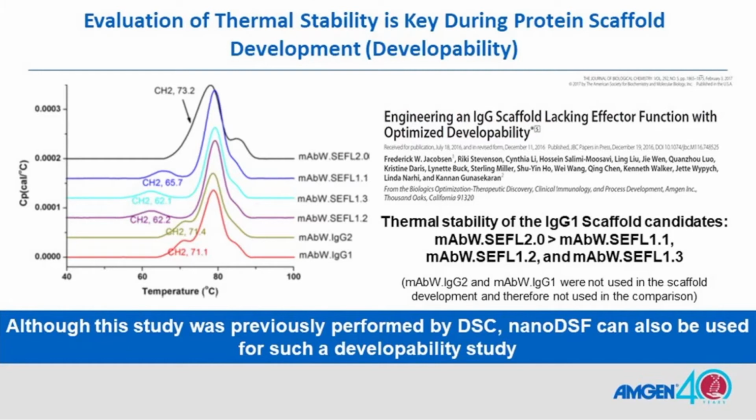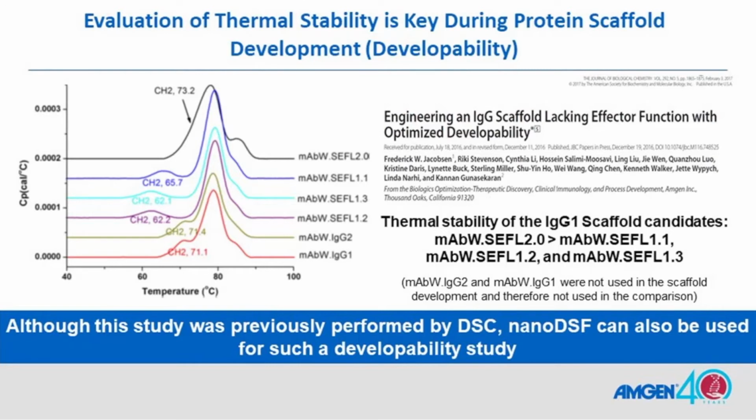However, from this figure, you can see scaffolds 1.1, 1.2, and 1.3 have lower thermostability in the CH2 domain. In order to improve the thermostability of these molecules, an intra-CH2 domain disulfide was introduced to scaffold 1.1.